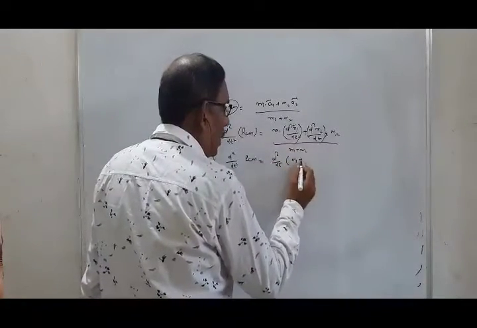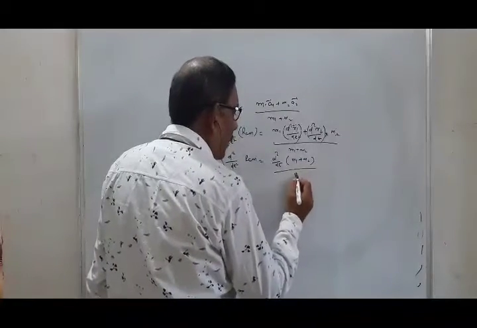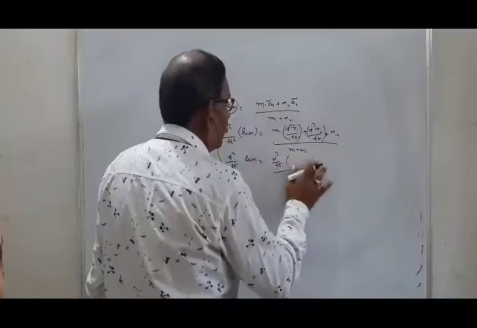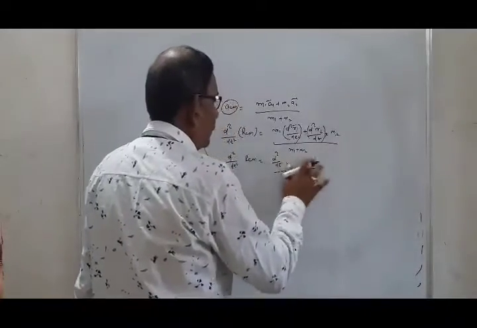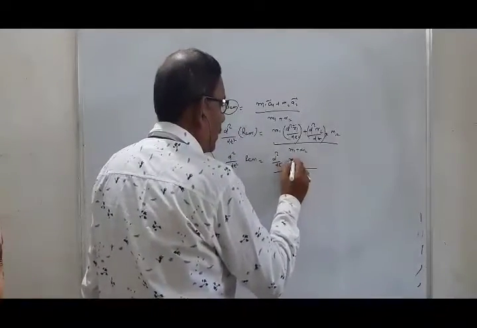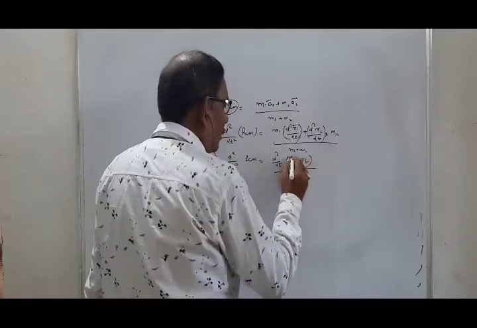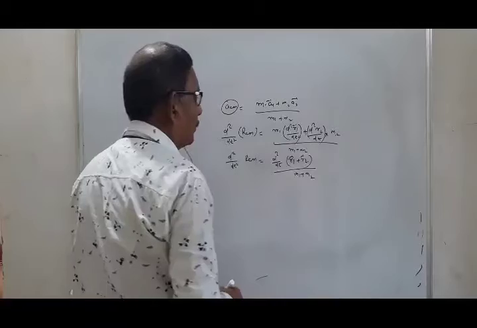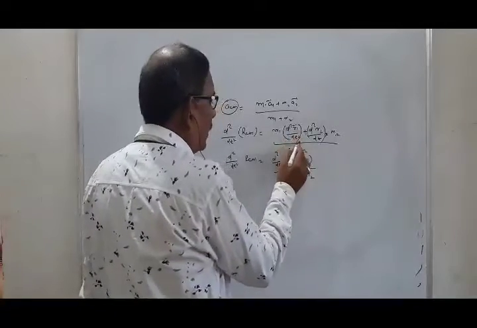It will become M1 plus M2 by M1 plus M2 into R1 plus R2. Now you are taking d square by dt square down.